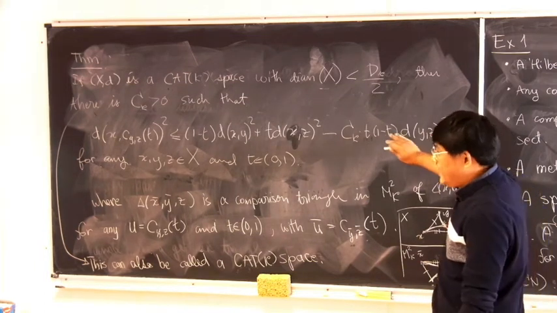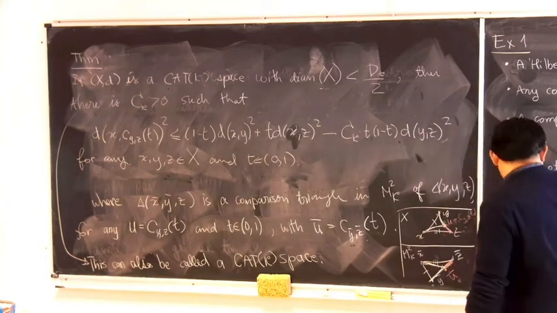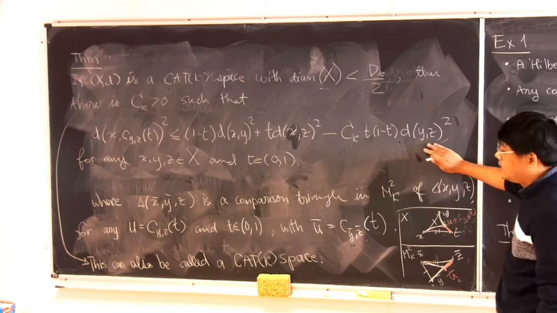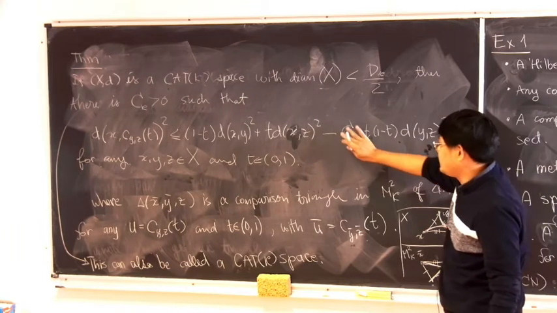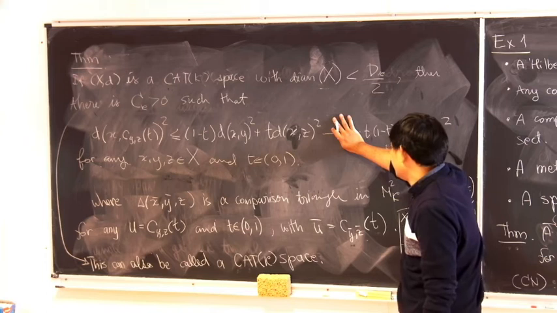So this looks similar to the CN inequality, except that we have C kappa here.